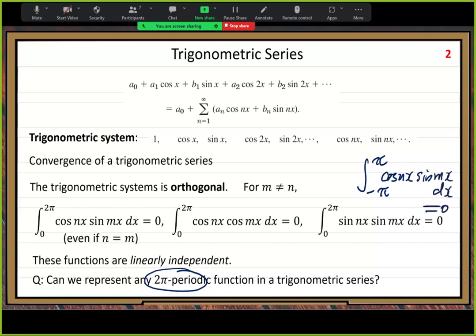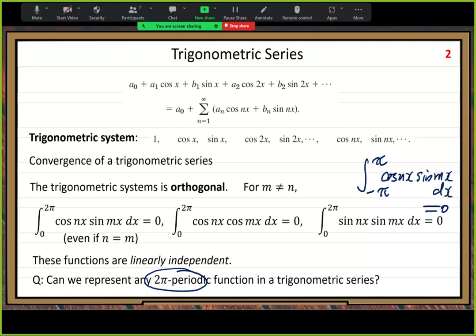The only change is that you change your period, from negative pi to pi. Because for one period, you take the integral for this period or that period, the result is the same. For a 2 pi periodic function, if you shift, you get the same.